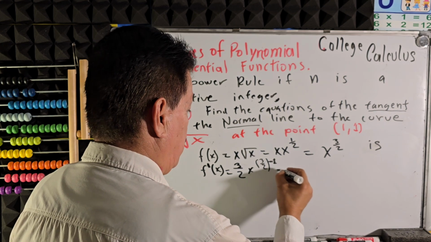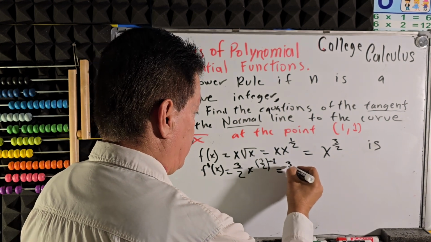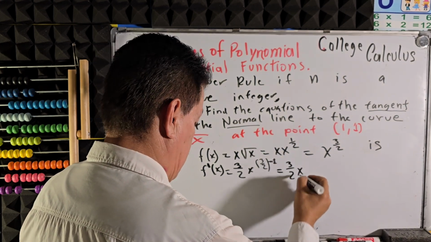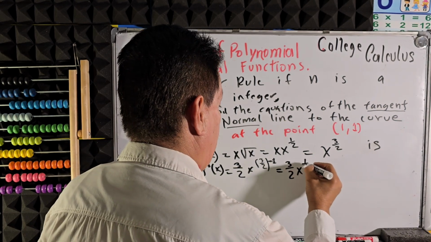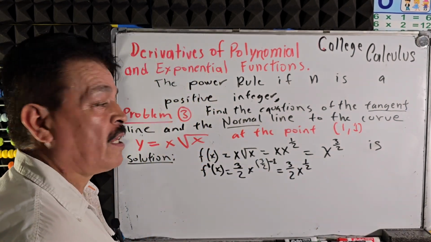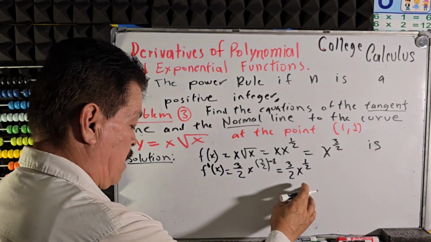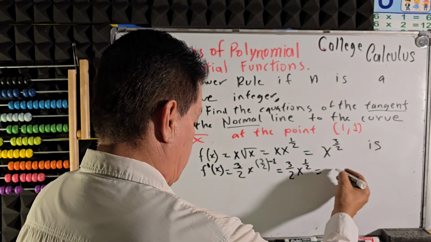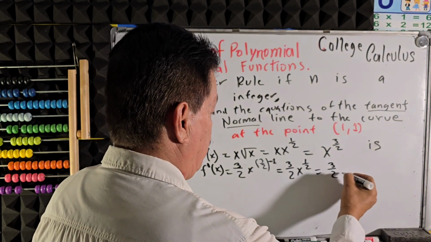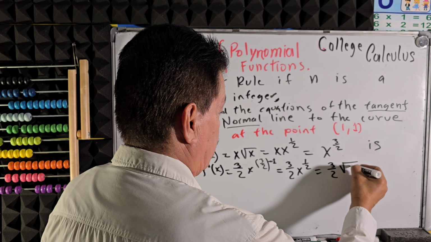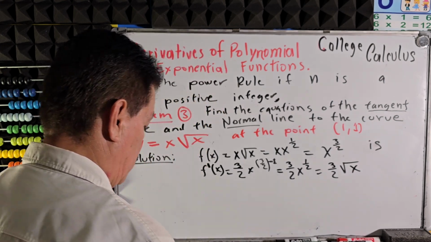Simplify this: 3 half x to the 1 half. All right, 1 half right here. And then you simplify this smaller: 3 half square root x. Right there, you have it.